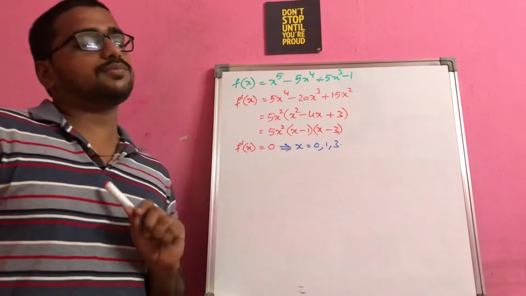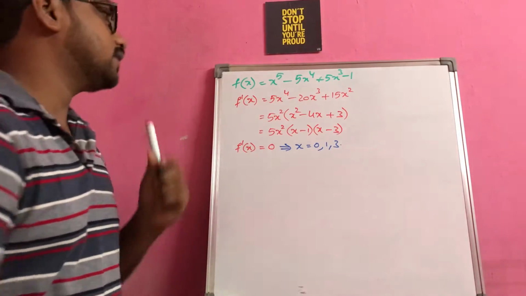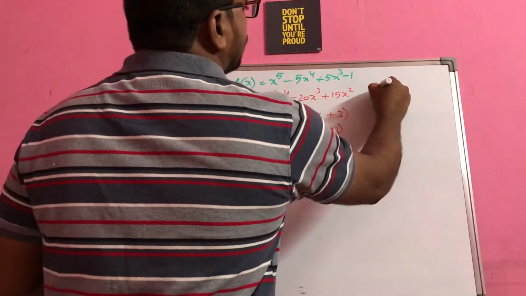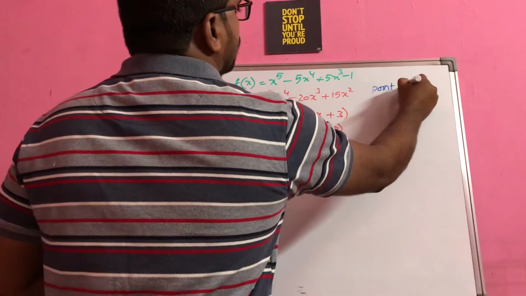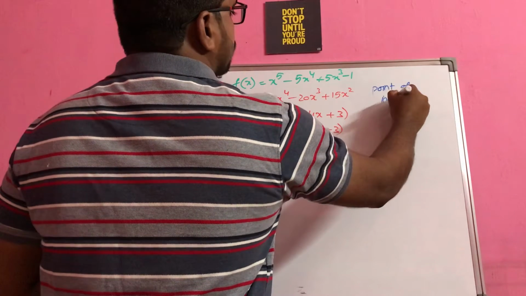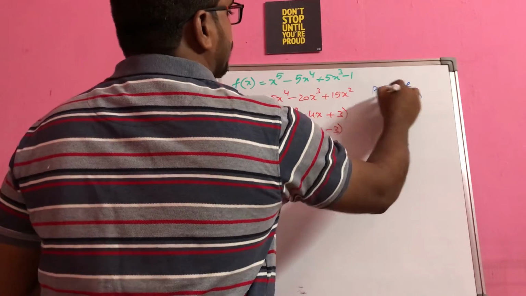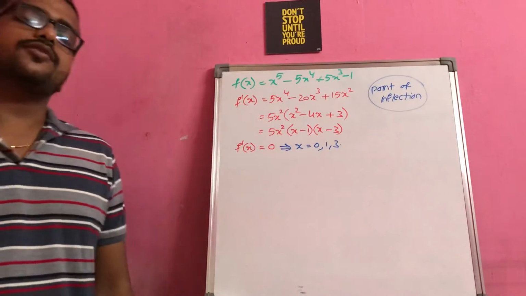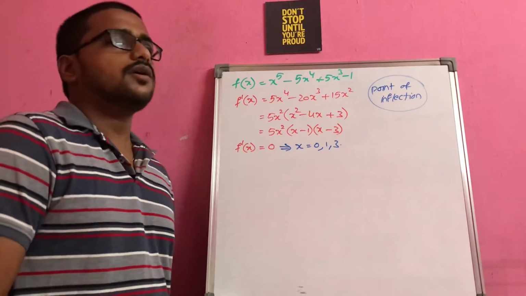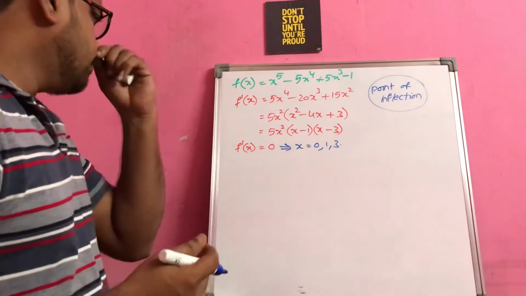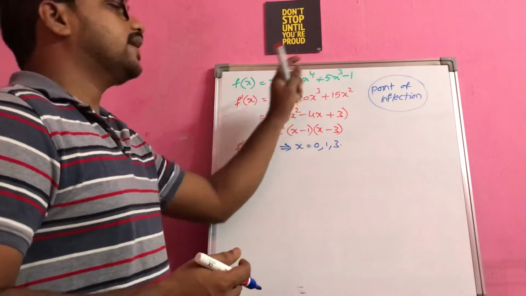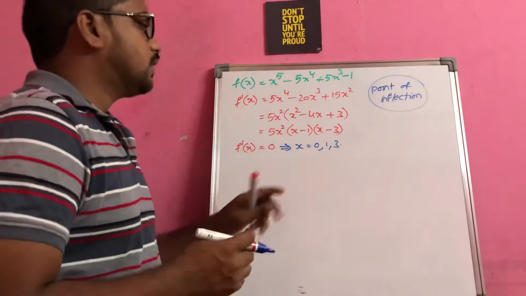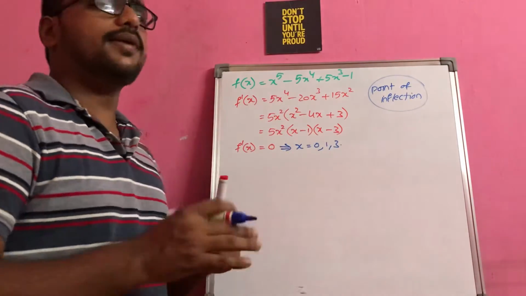But if you observe the question, the reason for me to include the increasing and decreasing concept here is that in the question they asked for the point of inflection. So it is not possible for us to directly find the point of inflection, because if I substitute 0, I will get some value, minus 1. If I substitute 1, I am getting 0.